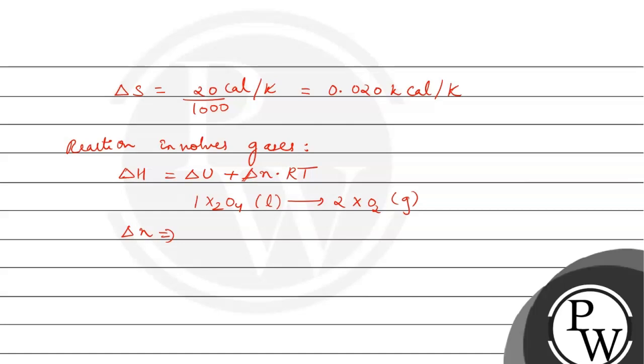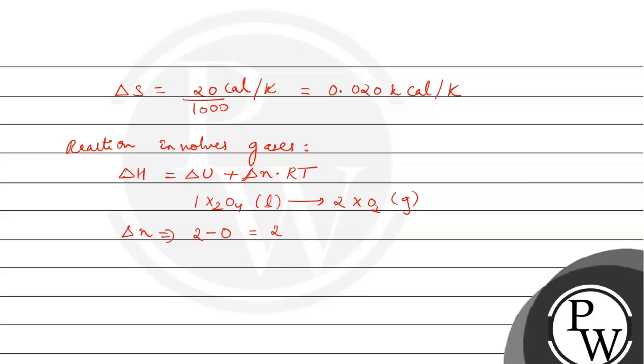Here there is no gas form in the reactant, only liquid form is there. So, for gases we can take 0 moles. So, 2 is the product gas moles minus 0 is the reactant gas moles, because there is no reactant which is in gaseous form. If we calculate this, it will come as 2. Delta N is 2 here.